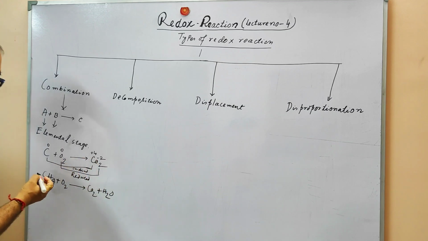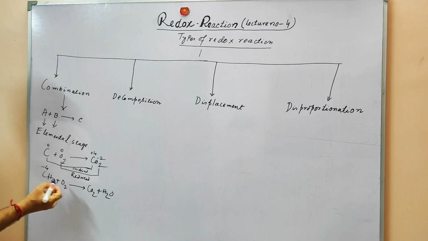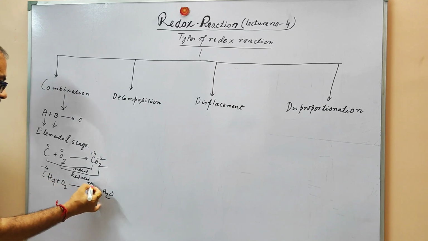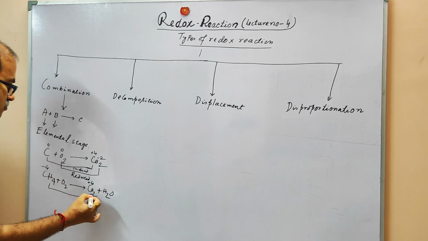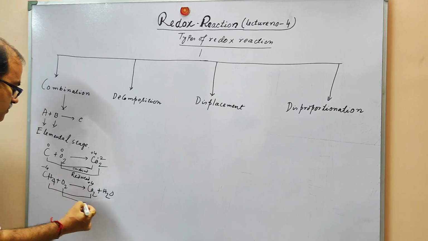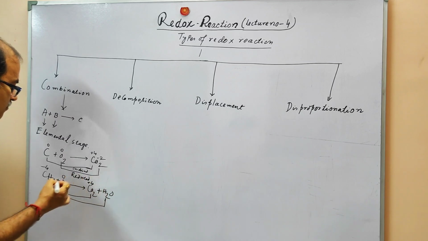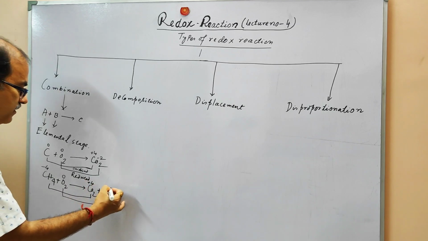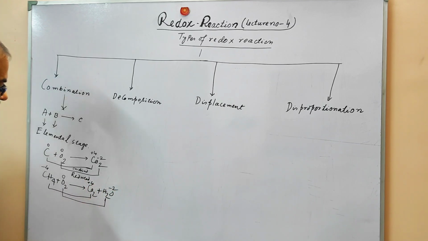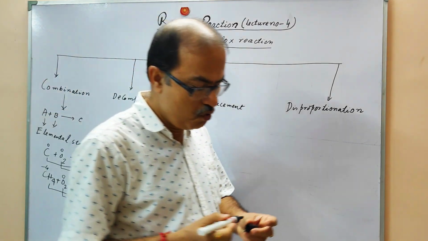You can observe here that carbon has oxidation number -4, which increases to +4. So you can understand that methane is oxidized here. Whereas oxygen is reduced, because the oxygen element has oxidation number 0 and it decreases to -2. So you can observe here the combination reaction. So what is a combination reaction?